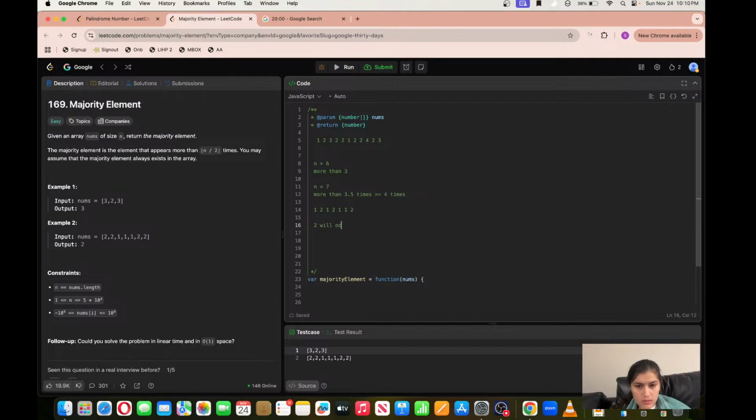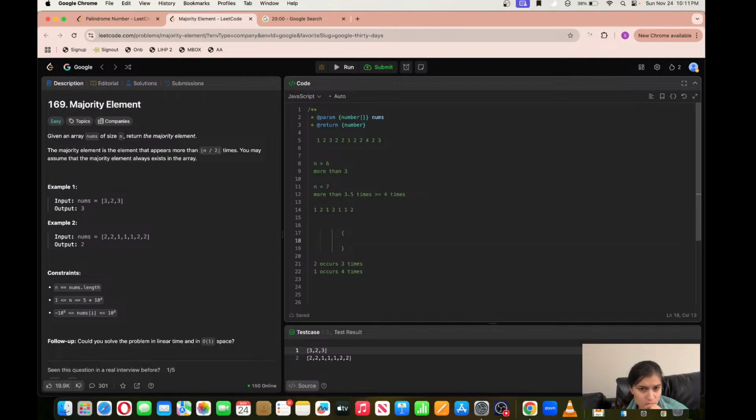So 2 will occur 3 times and 1 occurs 4 times here. So if I am traversing through this array, how will I know if the answer is 1 or 2, right? Because when I'm just traversing, looking at this, okay, so 1 2 1, if I do not keep track of the count, then how will I know? And if I keep track of the count, then I will have to create a map, isn't it?